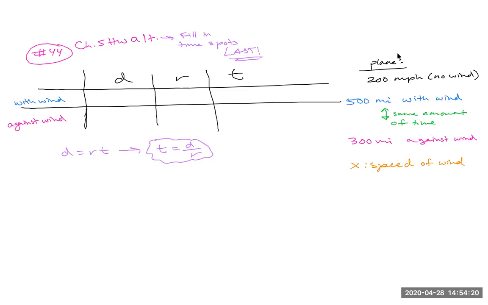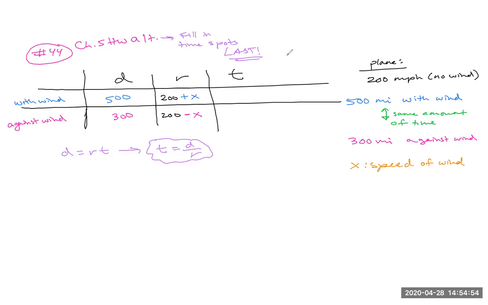So do we know the distance that was traveled? In both cases, yes. 500 miles and 300 miles. Okay. Do we know the rates? Well, we know that the plane speed is 200 miles per hour. And we know that with the wind, he'll get the help of the wind speed, and against the wind will work against him.